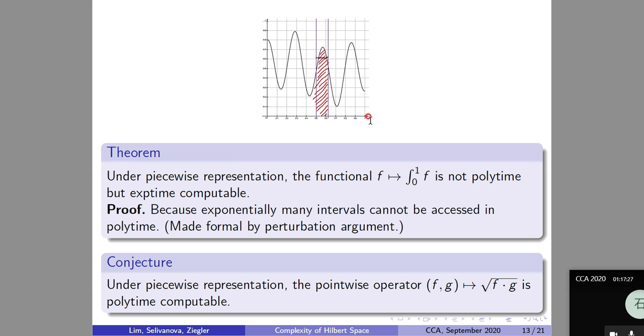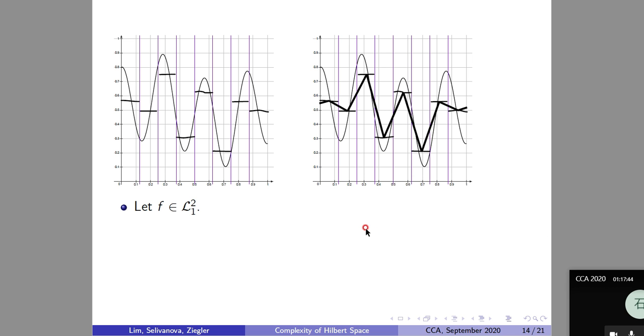And our conjecture is that under the piecewise representation, the pointwise operator, given two functions, the pointwise function with the square root, is polynomial time computable. And in this L2,1 space, we could approximate using piecewise constant functions and piecewise linear functions.